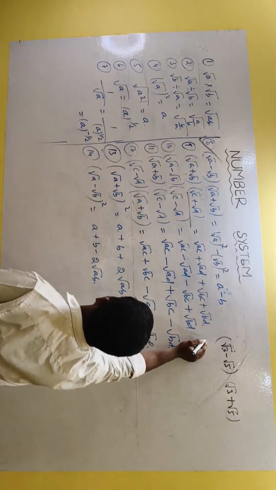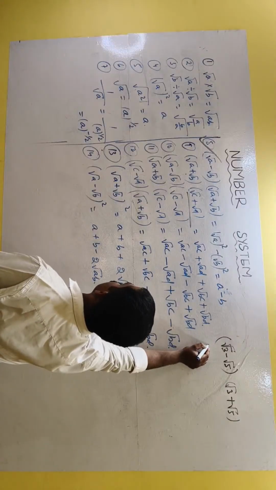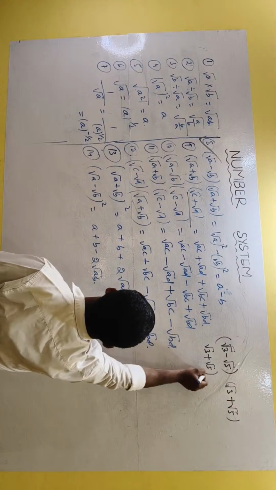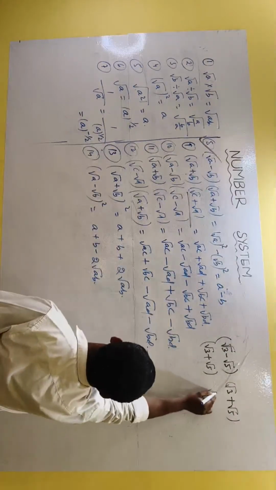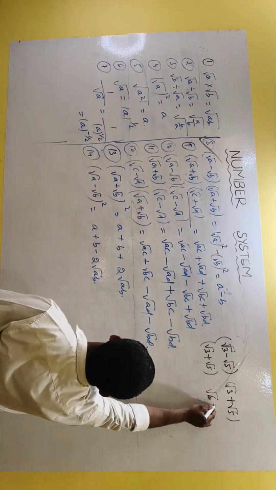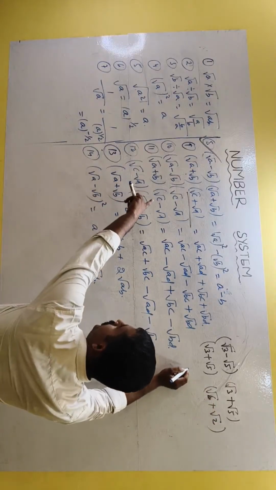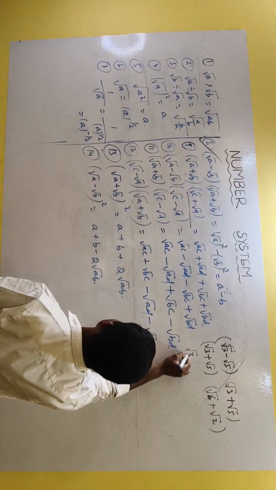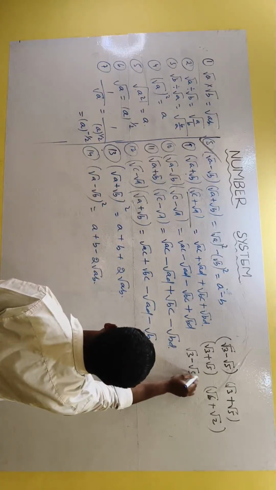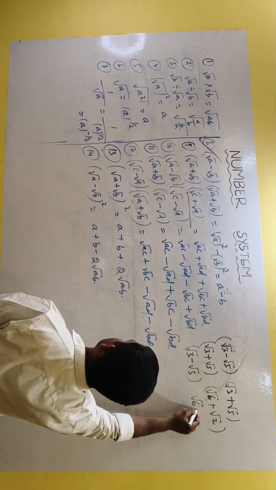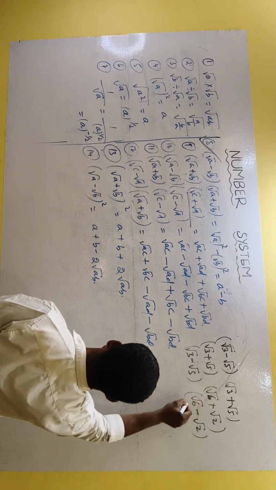Question. Now root 3 plus root 5, root 6 plus root 2, root a minus b, that is root 3 minus root 5, root 6 minus root 2 and so on.